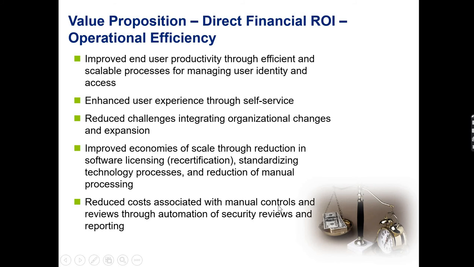Reducing cost associated with manual control and review through automation and security review and reporting. The meaning here is, if we don't have GRC, we may have to create an Excel file and keep all SU01 and PFCG kind of transaction codes in the Excel file, and from there map that by downloading from the file.